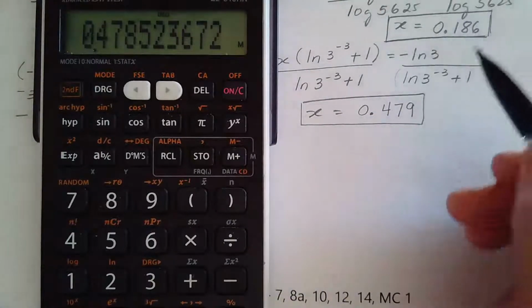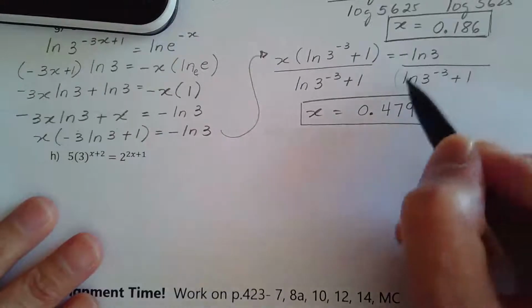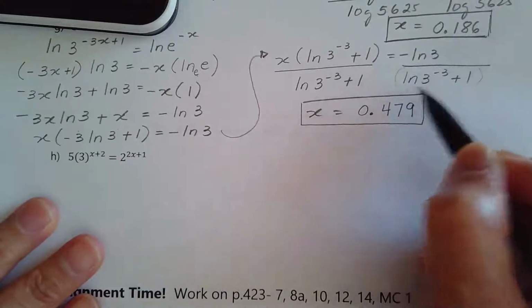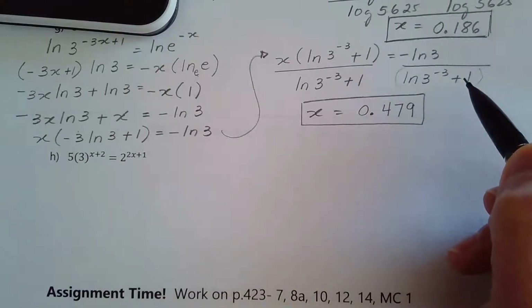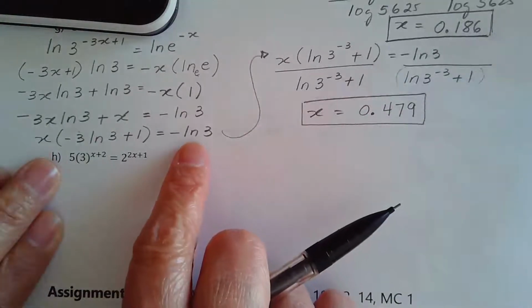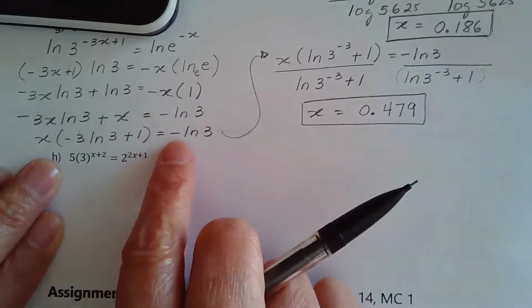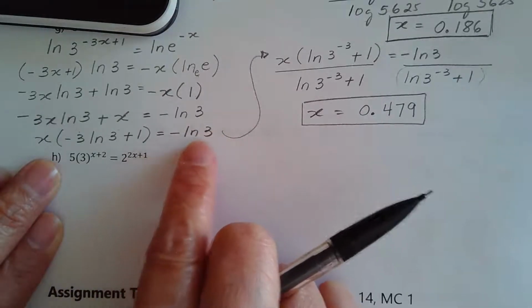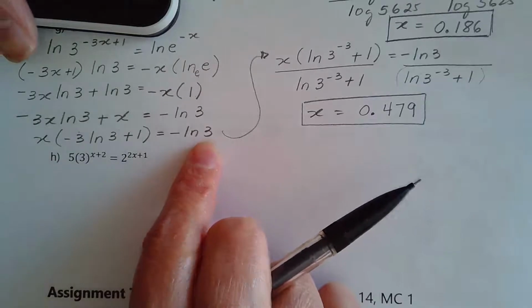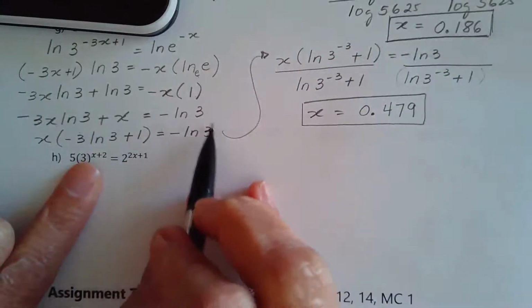Okay, because there's so much going on in here, you're not sure if you should put brackets or not. Here's the other possibility. You can take negative natural log of 3, so instead of doing this part in here, you can just take it from here.